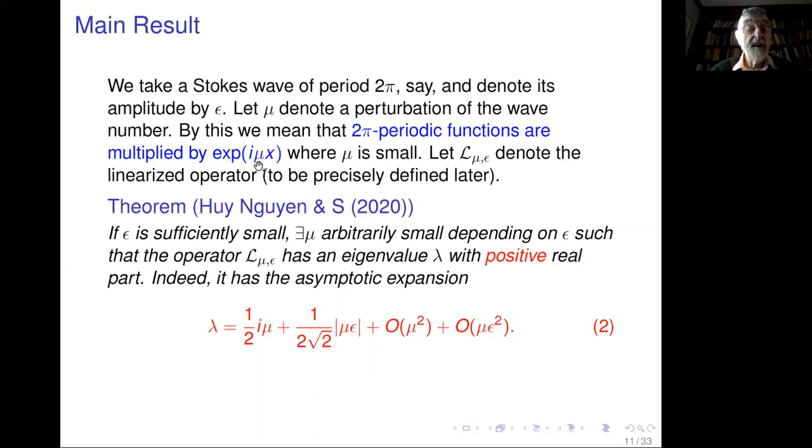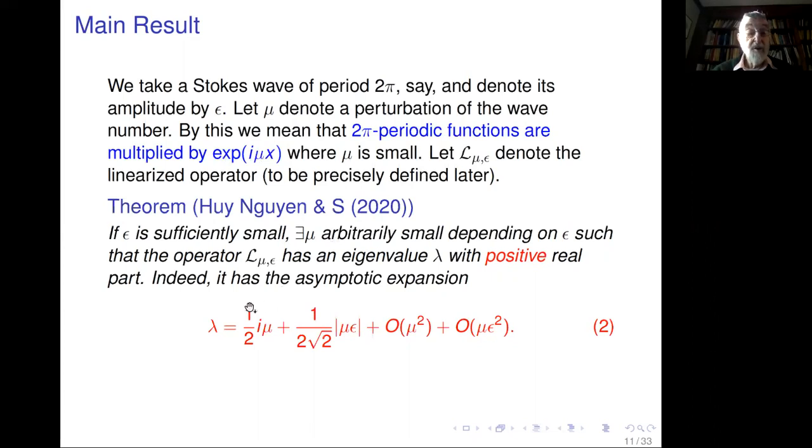That means this has a very small frequency, which means a very long wave number, spatial frequency. So that's the perturbation. That's the Benjamin-Feir perturbation. And then there's going to be a linear operator, which I'll explain in a moment. And so there is the linearized operator of the equations I wrote before.